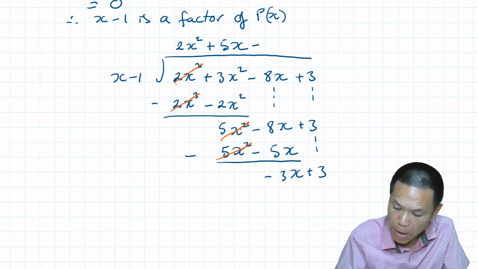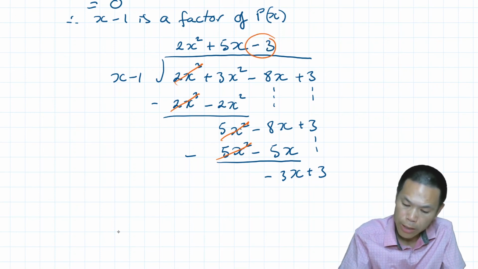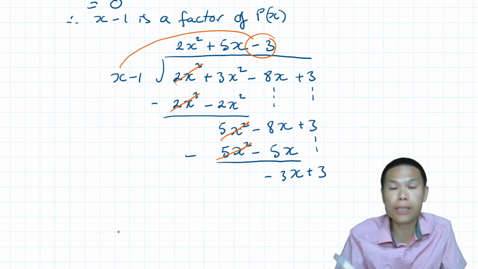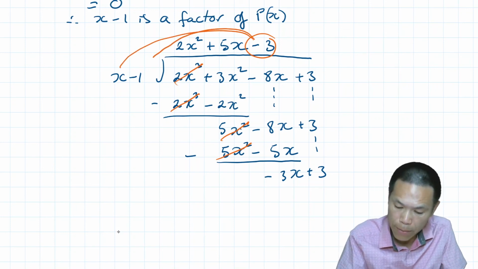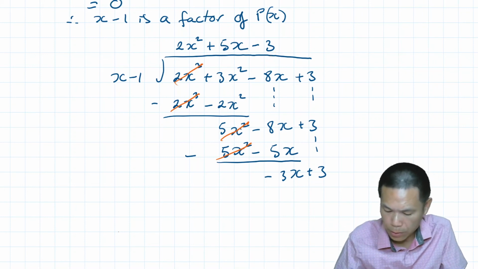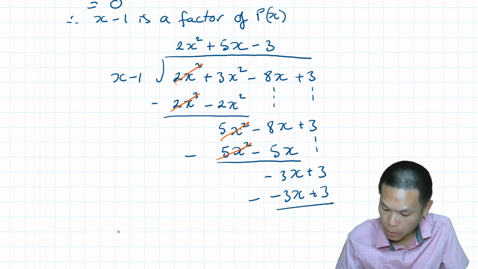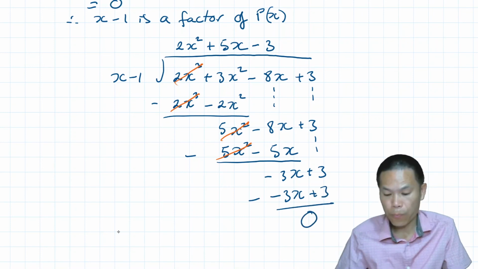So just write minus 3. Then we go negative 3 times x is negative 3x, and negative 3 times negative 1 gives me positive 3. So we just write negative 3x and then plus 3. And we just subtract it. So that is equal to 0.